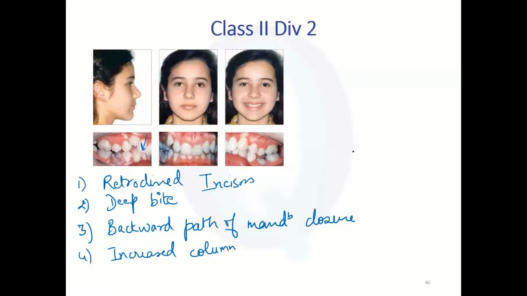Why is there an increased column angle? Because the column angle is the angle between the crown portion and the root portion of the incisor. Because the incisor is tipped, if you make its axis and the other axis, then there will be an increased column angle in class 2 division 2.